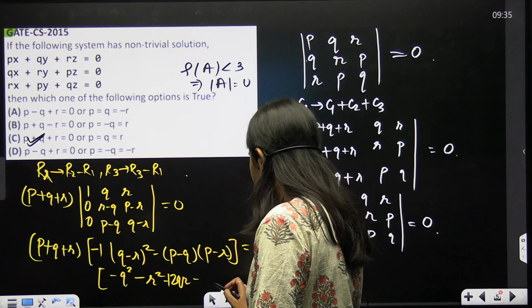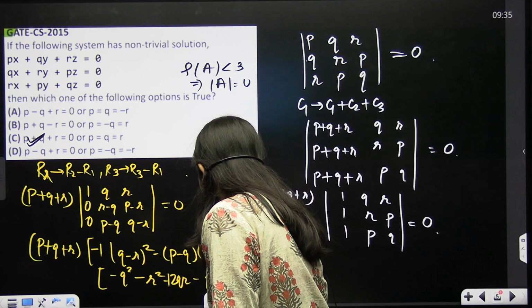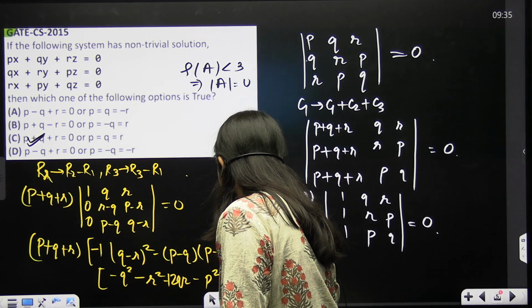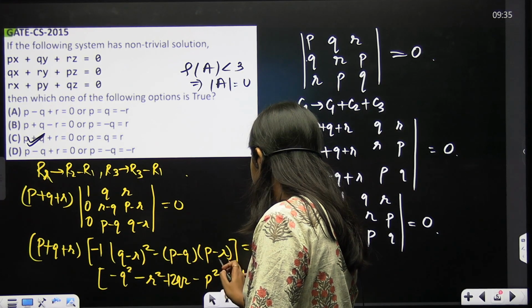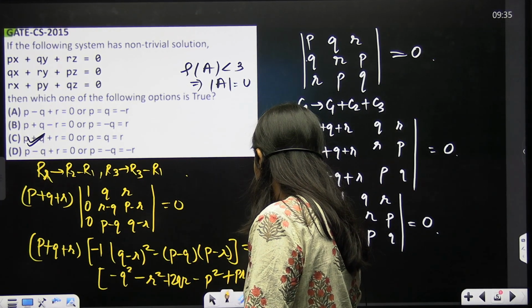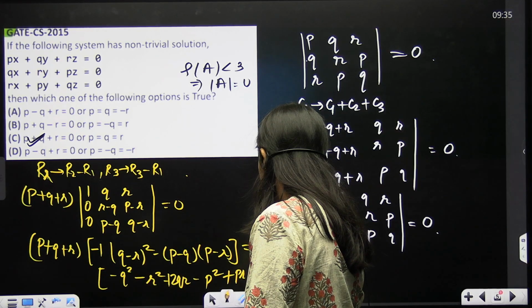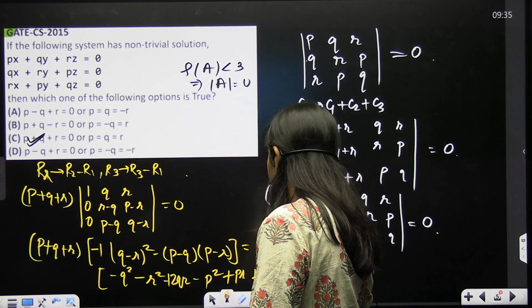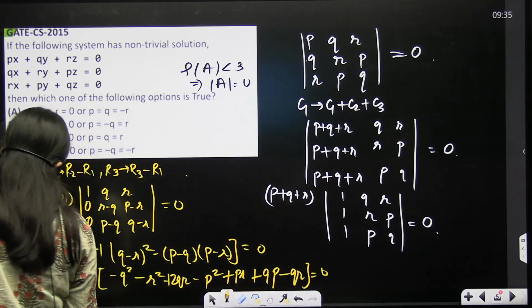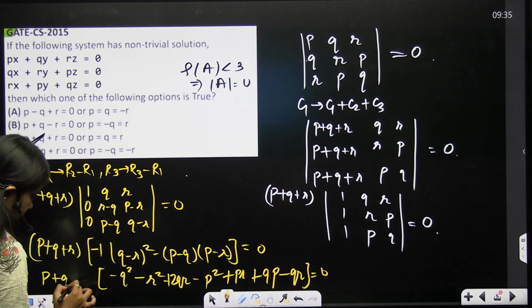Minus P square and plus PR plus QP and plus minus QR equals to 0. So now one thing you can check here, what you are getting the second term.